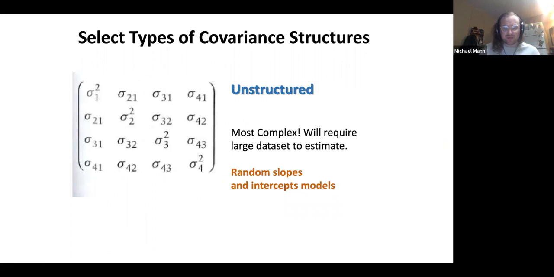This is where you can throw in random slopes and random intercepts by measuring all of these different parameters. In a lot of cases, you probably won't have the sample size to build something this complex. And if you do that with LMER, sometimes you'll get what's called a singular fit, which is just saying you don't have the sample size to estimate all of these parameters. But it is possible to build more complex models.